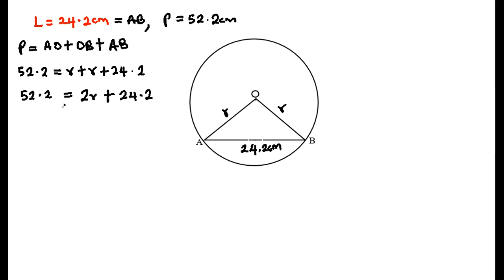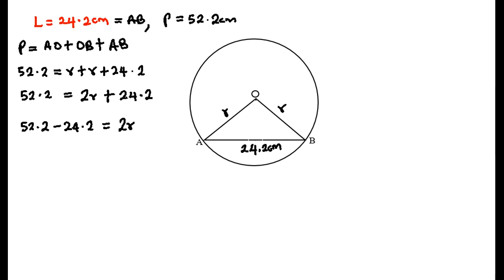So let's take like terms. Now taking like terms, we have 52.2 here, and 24.2 comes to the left and becomes minus 24.2, equals 2R.